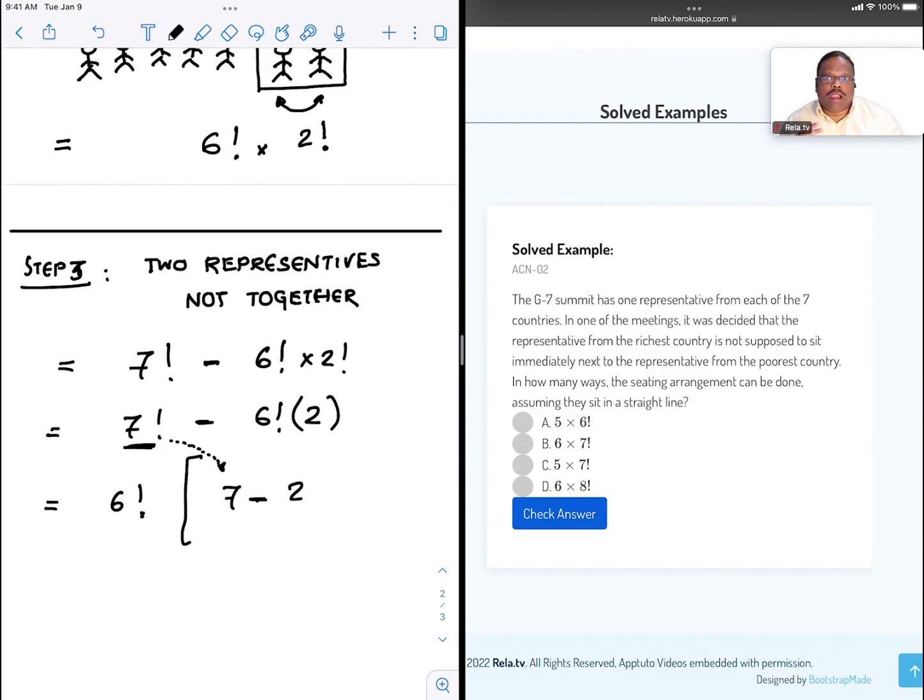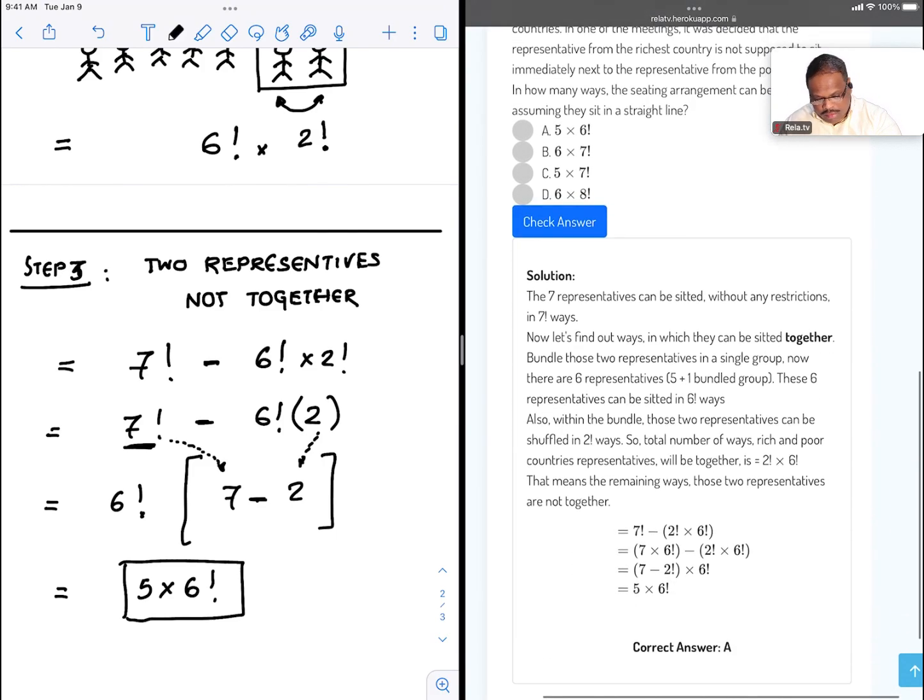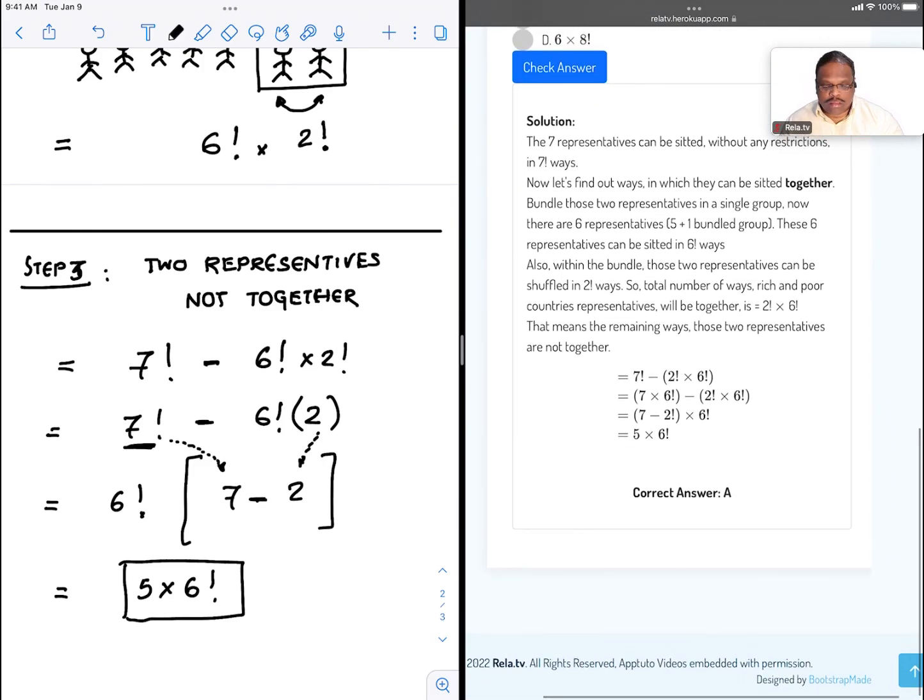I can take 6 factorial common, and that will leave the last factor, which is 7, and here we have 2. So the final answer will be 5 times 6 factorial, and that would be answer A. You can check the answer. Yeah, that's correct. Thank you very much.